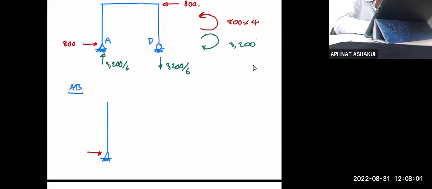And we have 3,200 over 6 there. I will try to use different colors so that you feel that other internal forces come because of equilibrium. These green and red represent external reactions.